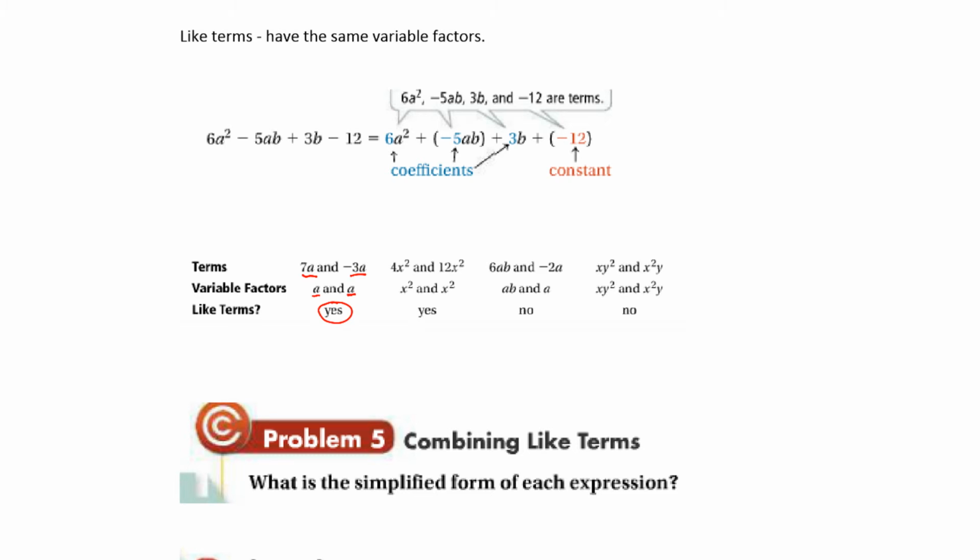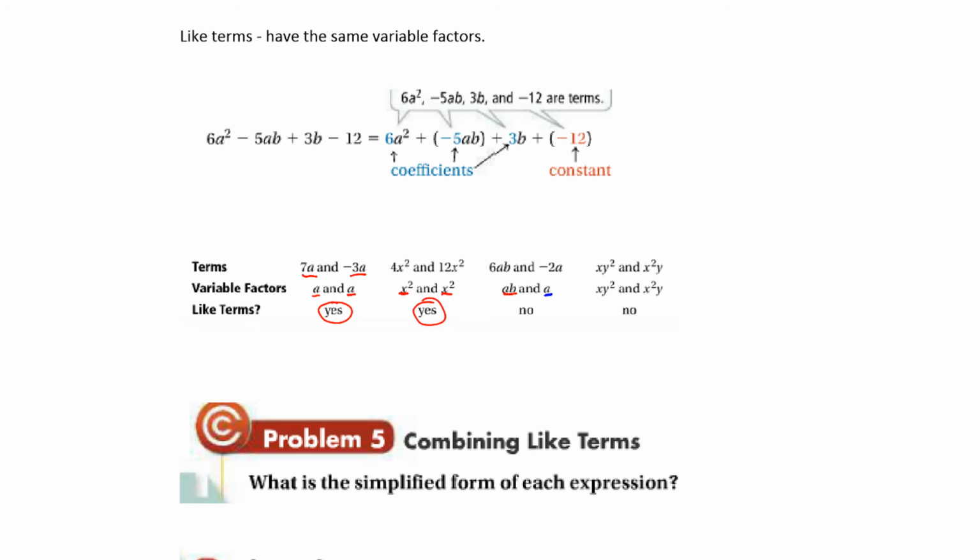If we look at 4x squared and 12x squared, we can see that their variable factors are both x squared. So again, they are also like terms. If we look at the next set, 6ab and -2a, we see that ab is a term and a is a term.